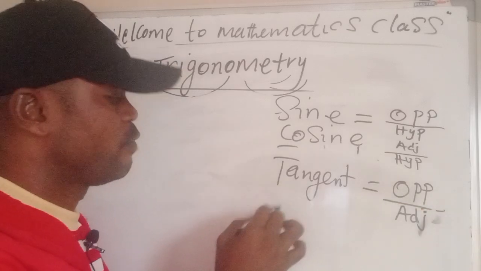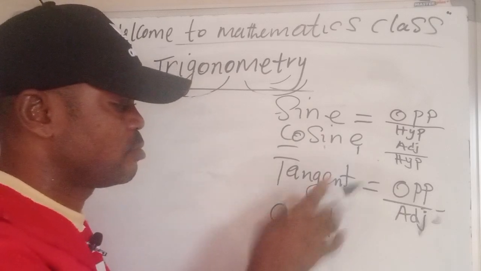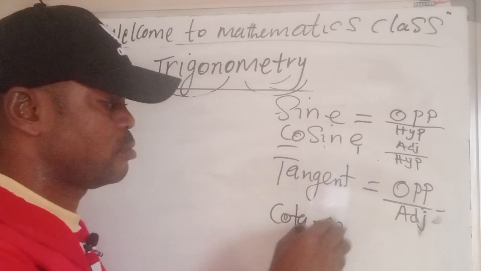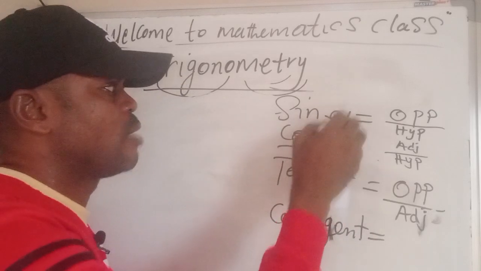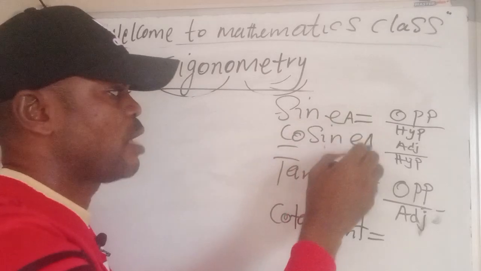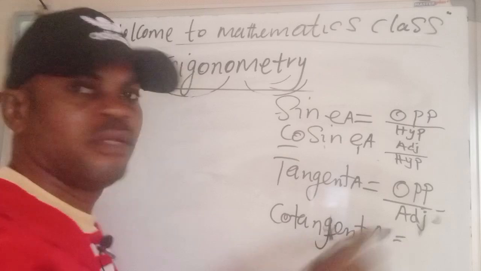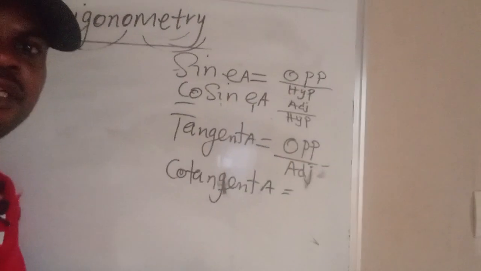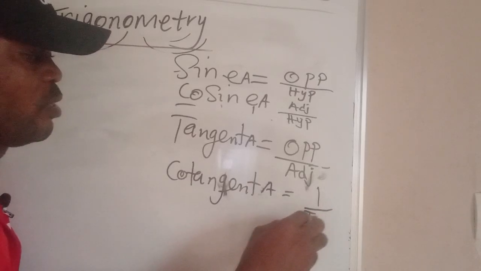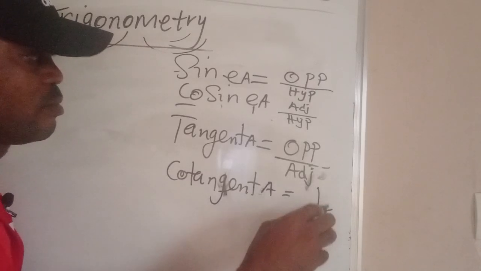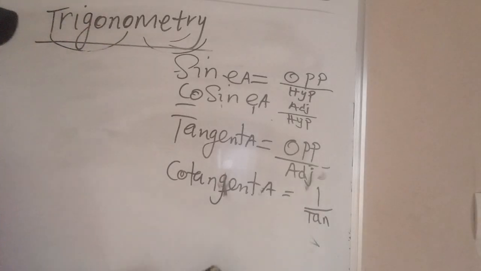Then you also hear of the cotangent. Remember, the angle may be here, could be angle theta, could be angle A. The cotangent is simply 1 over the tangent, or the inverse of the tangent.